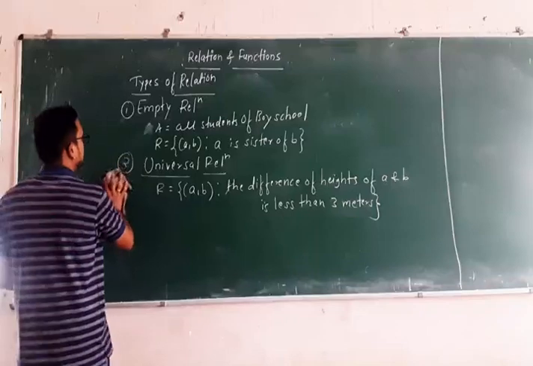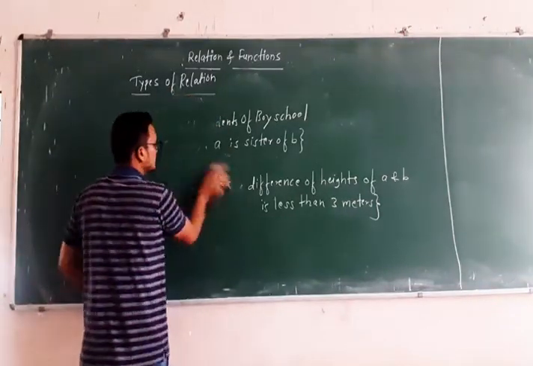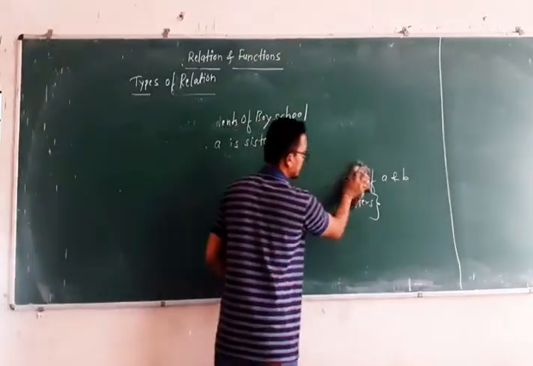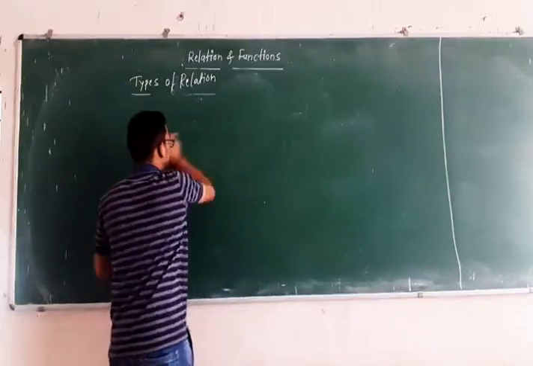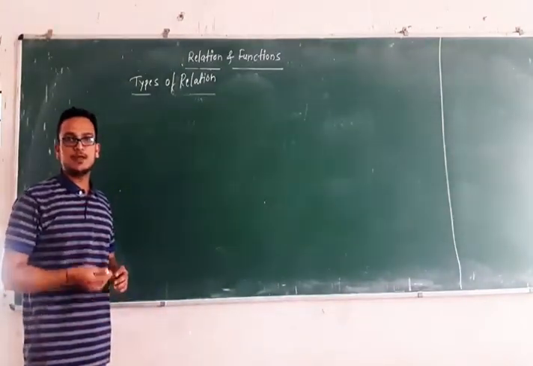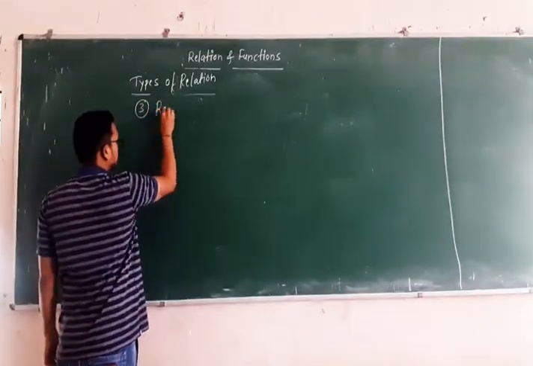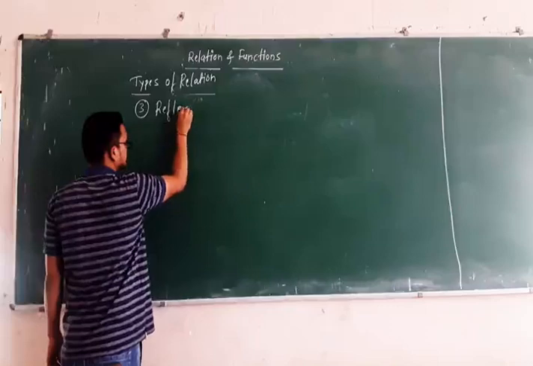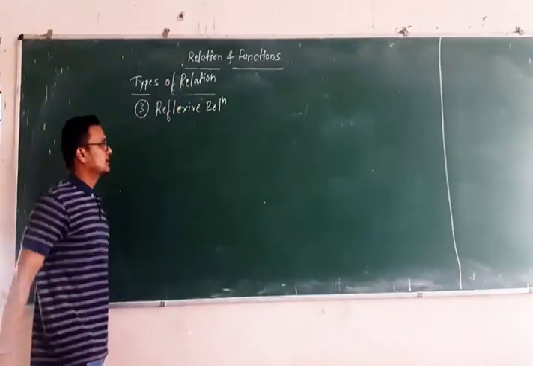Now next, the third type. The third, fourth and fifth types are very important from the examination point of view, because maximum questions will be asked on them. So the third is the reflexive relation.